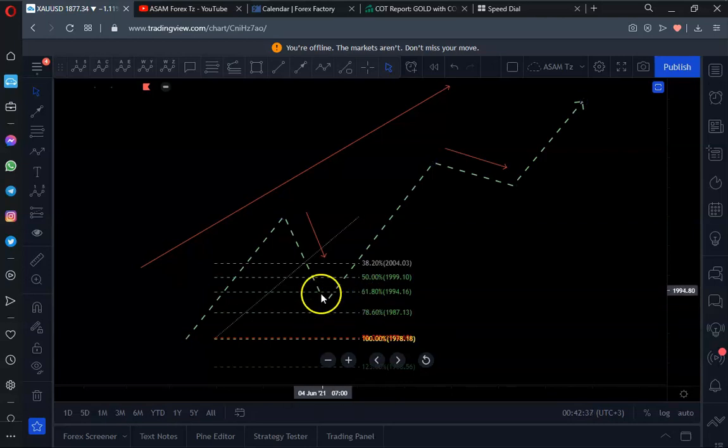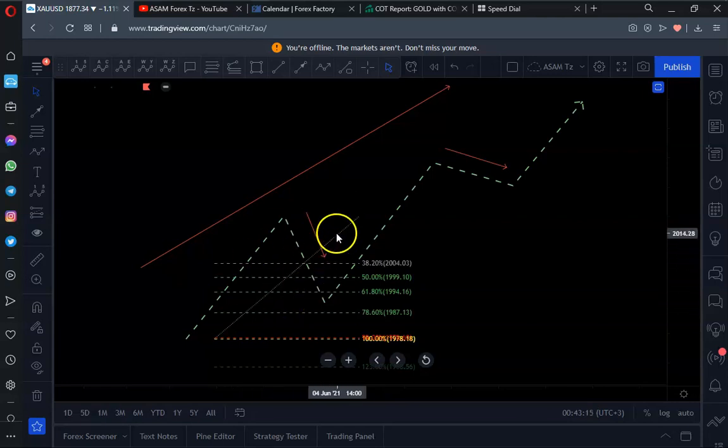When we say 61%, the exact number is 0.618, and 50% is what we call 0.5. So there are various readings. You can read them in terms of those digits or in terms of percentages.